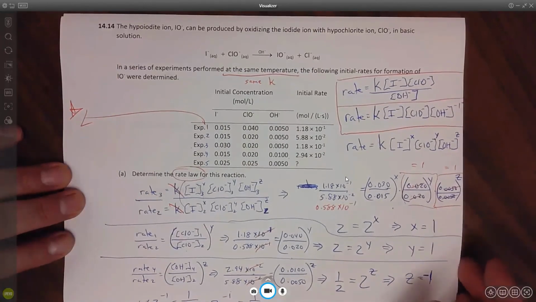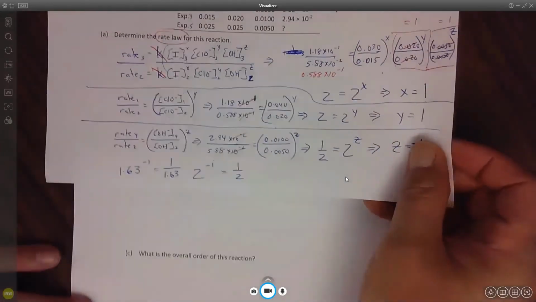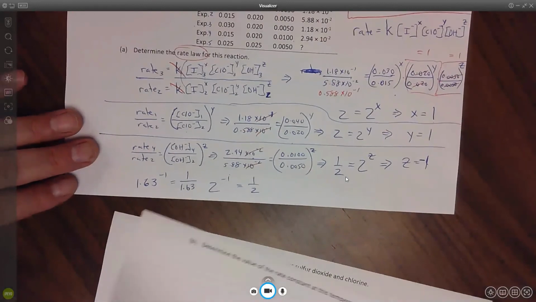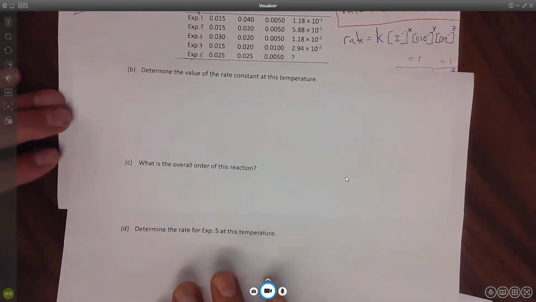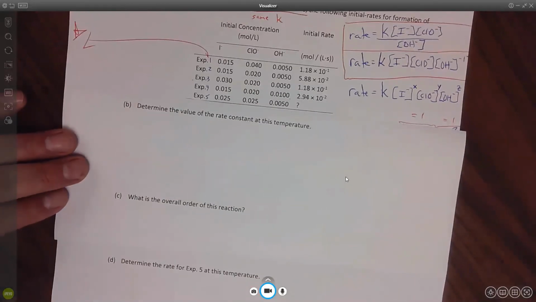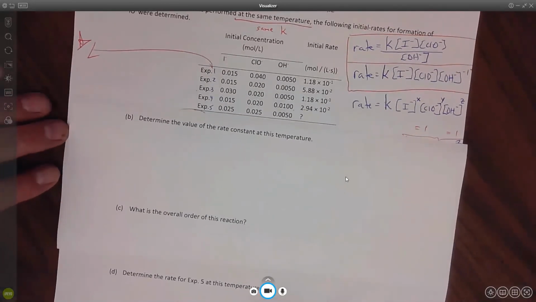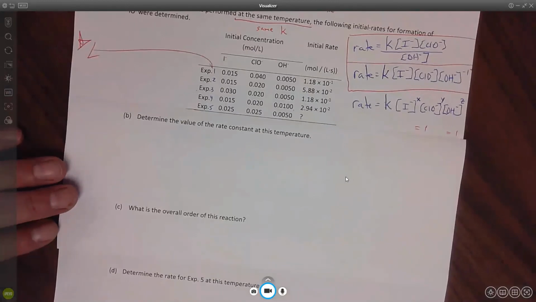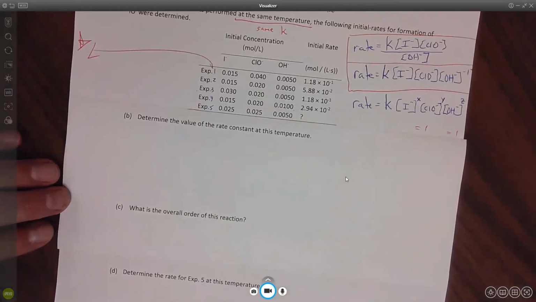Now, the next part of this question says, determine the value of the rate constant. So how am I going to determine the value of the rate constant at this temperature? What would I do? You'd solve the rate equation for the constant.